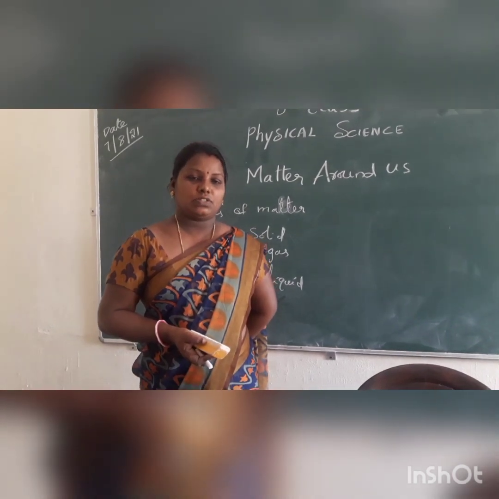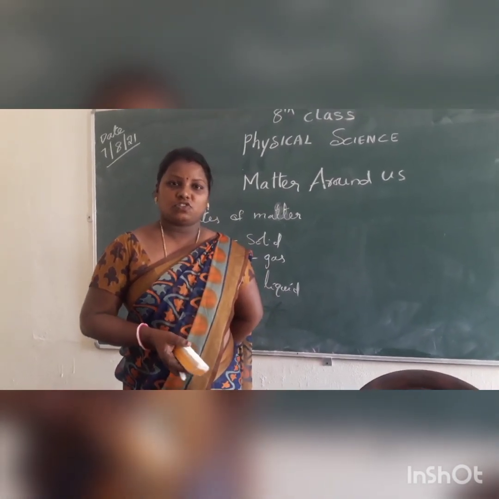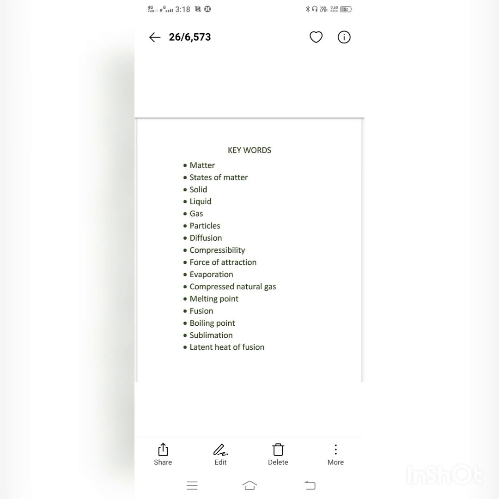Please write down the keywords displayed on the screen. Children, please write down the keywords in this lesson, what we learned in this chapter. First one is matter. In this lesson, we learned the definition of matter and what matter consists of.